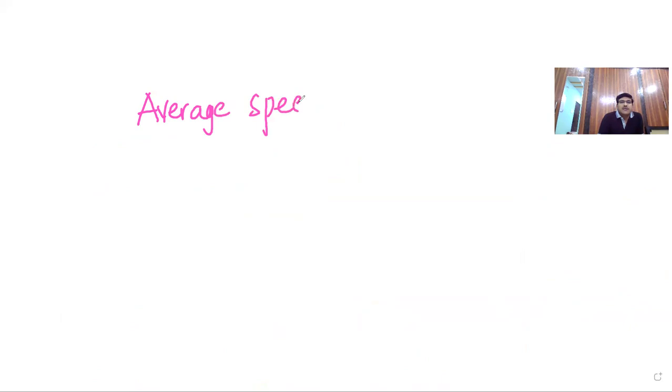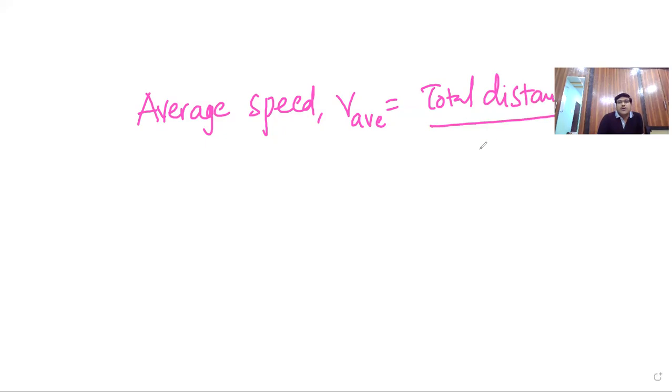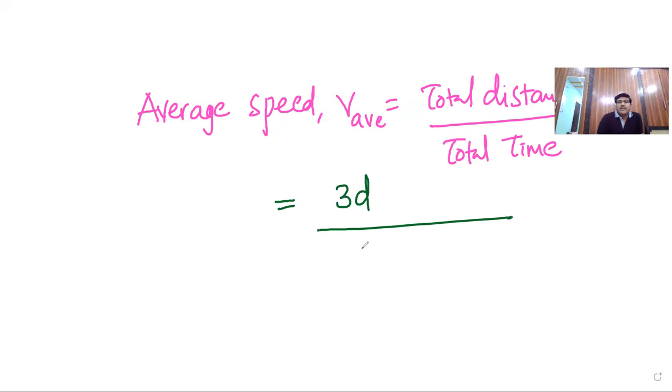V average is equal to total distance traveled by total time. Now in this case, total distance is 3D, by total time D by V1 plus D by V2 plus D by V3.